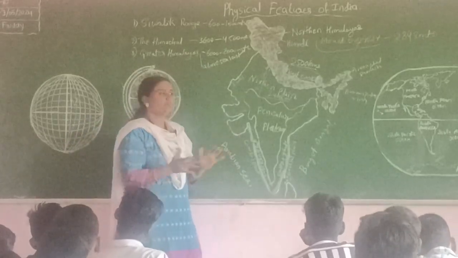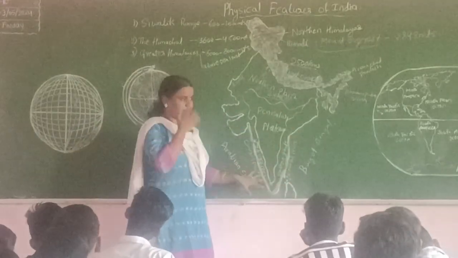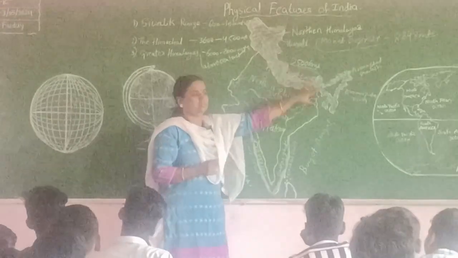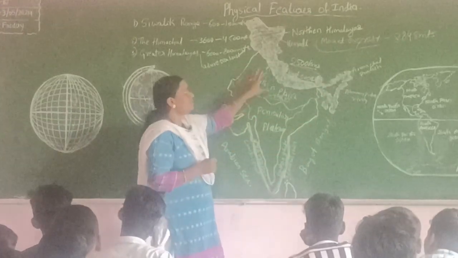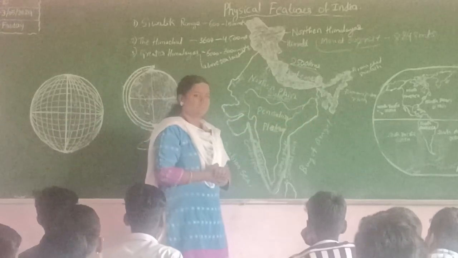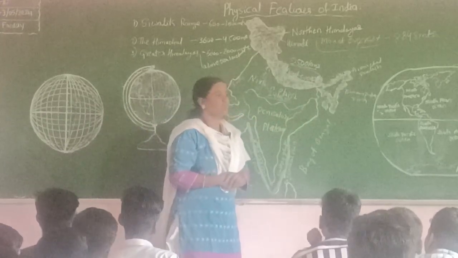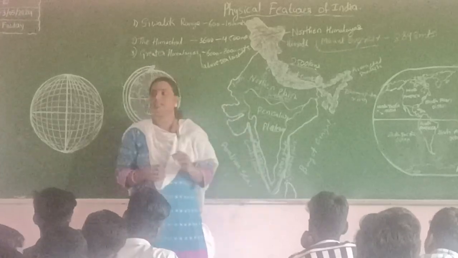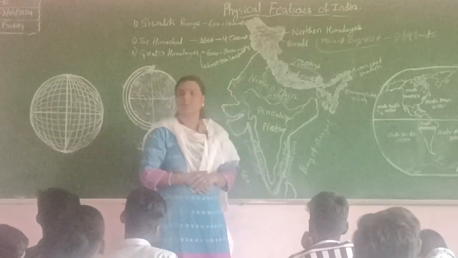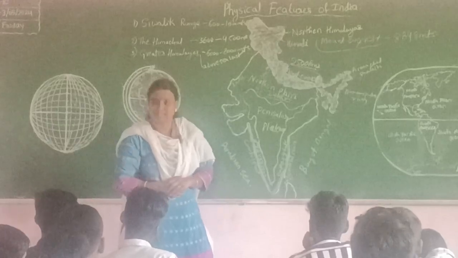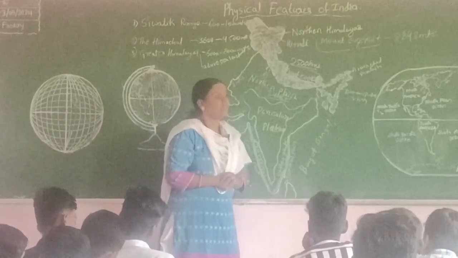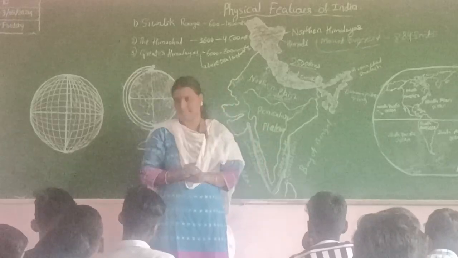So this is about the Indian map. And what is the full area of India? It is 32 lakh 87,263 square kilometers.